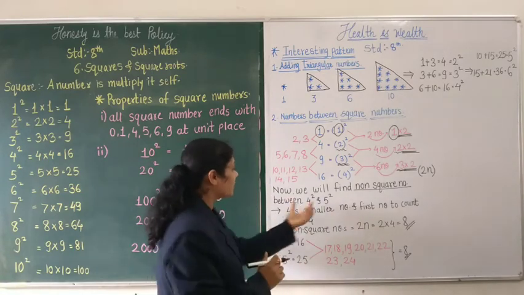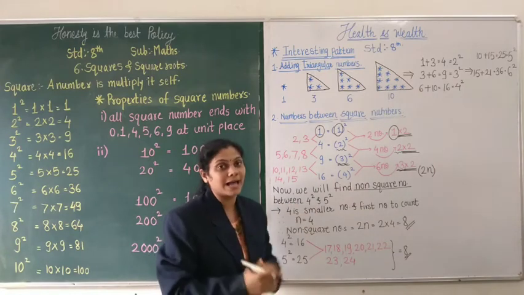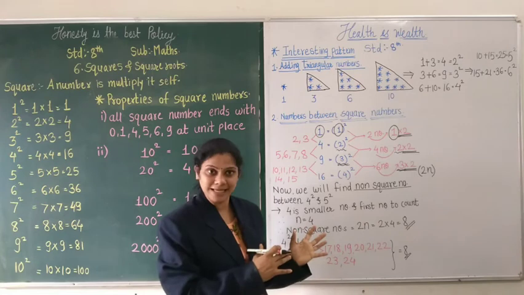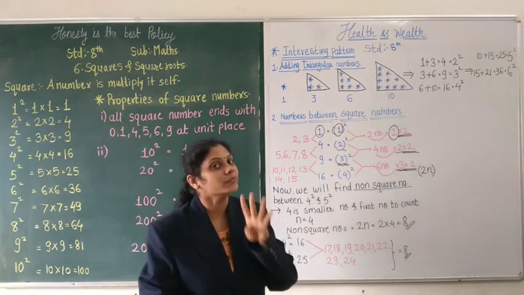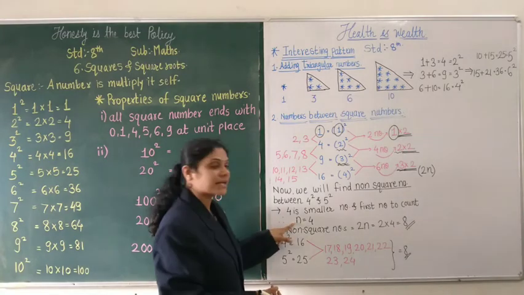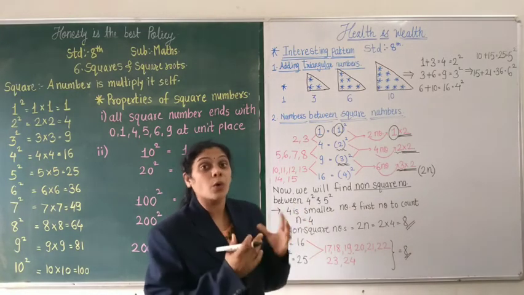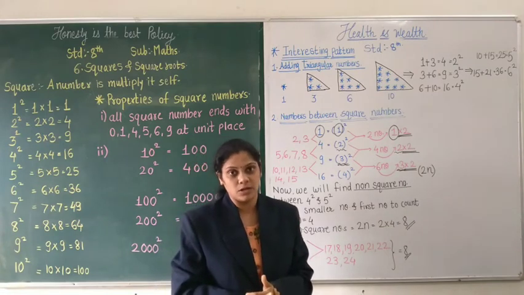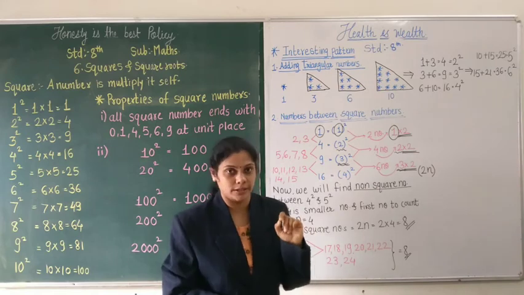Now look here, between 4 and 5, which one is smaller? So 4 is the smaller number, and first to count. Between 4 and 5, which number will you count first of all? That is 4. So n is equal to 4. So out of these two numbers, we have to choose what to take as n. Which one is smaller? Okay.